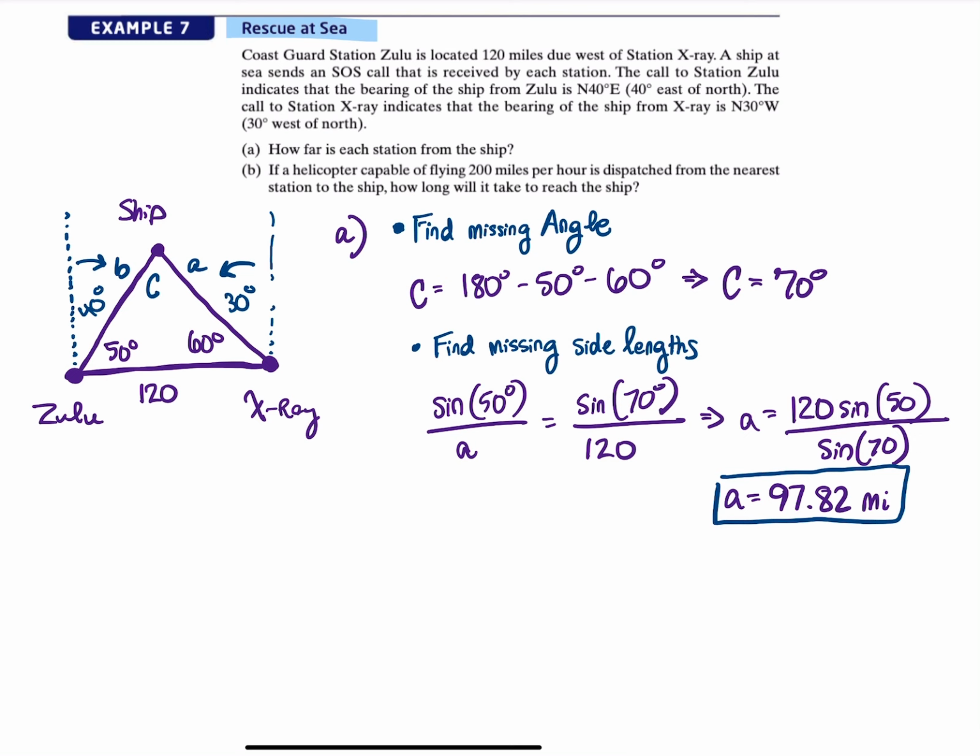Then our second one, let's find this other missing side length. So we can build a similar statement. We can say the sine of 60 degrees over the missing side length b should equal the sine of 70 degrees over 120.